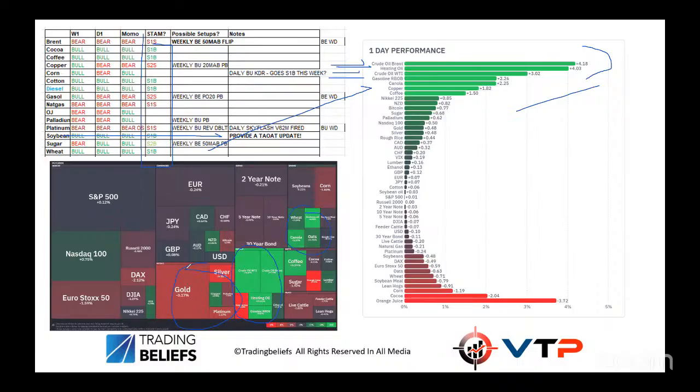There is an element of gold being suppressed by the strength in the dollar, but also there are probably some people still struggling, selling any profitable positions in order to cover off margin calls. Hence why we have seen gold trading back up above 4,000 today, but it had clearly dipped beneath that over the last few weeks. As we'll see on the live markets, it's pivoting around $4,000 at the moment.